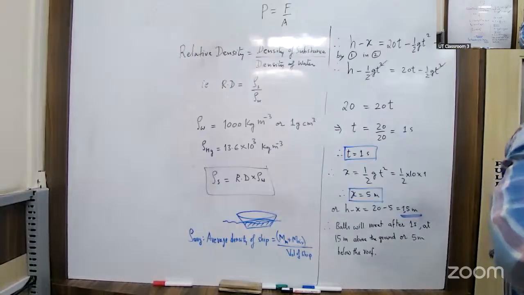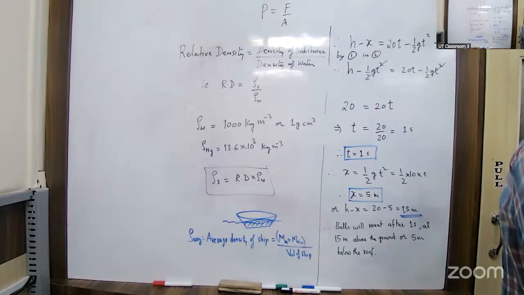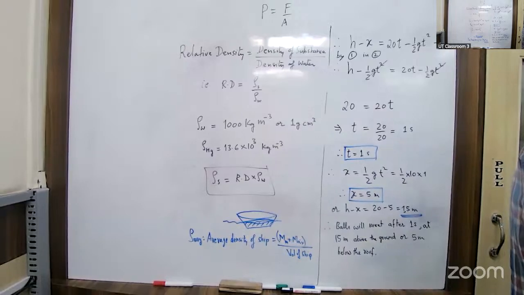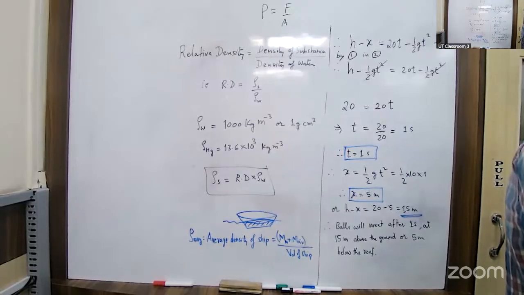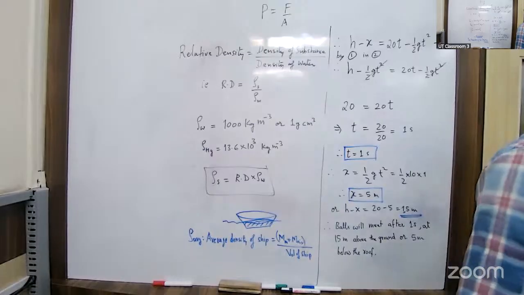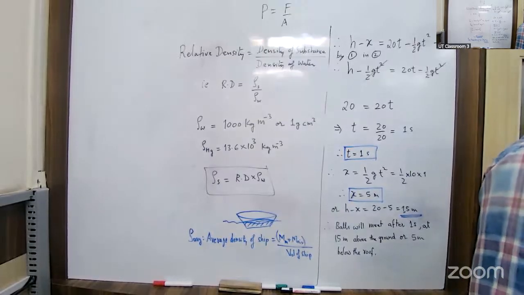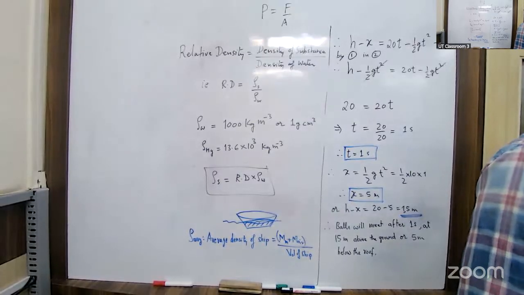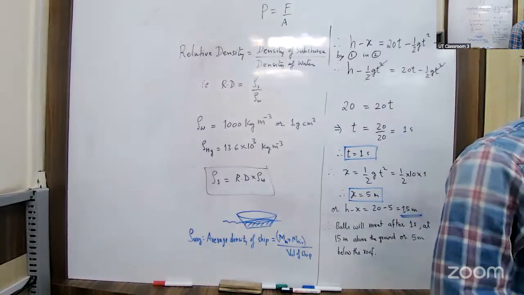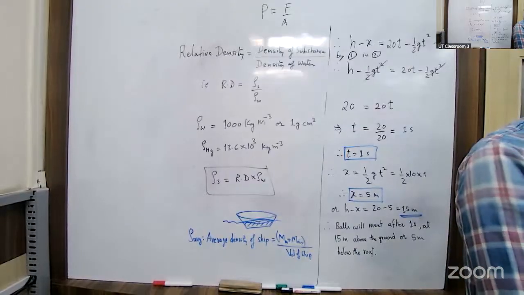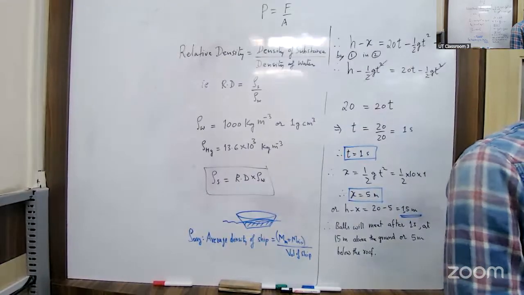Now I'm keeping it on a weighing balance, but I have not fully let go of it. I am slightly trying to hold it upward. Will it show the full mass or less mass? Less mass. So if some upthrust is acting on you, in that case the mass shown will be less. So the answer could be less in the scenario I just explained, or it will be the same.